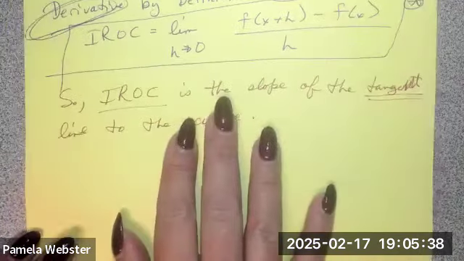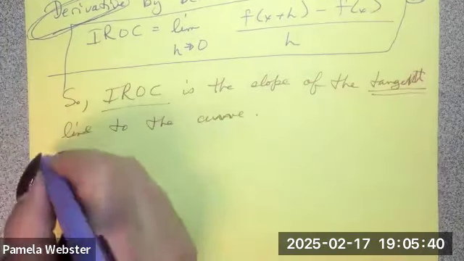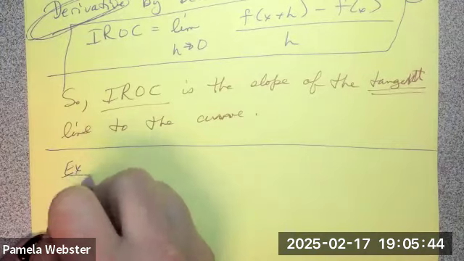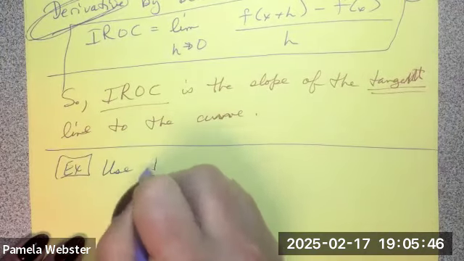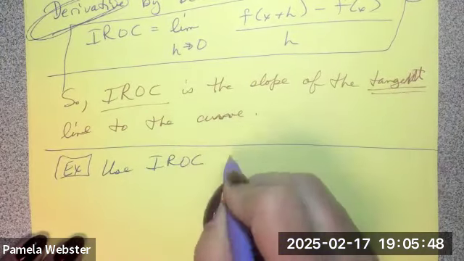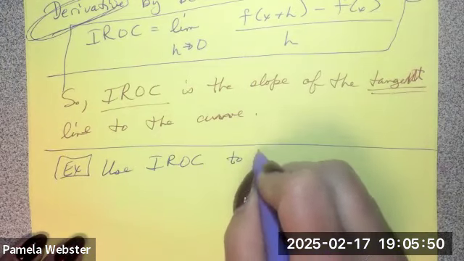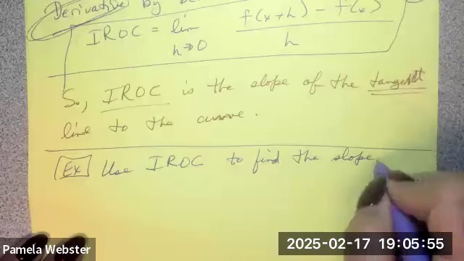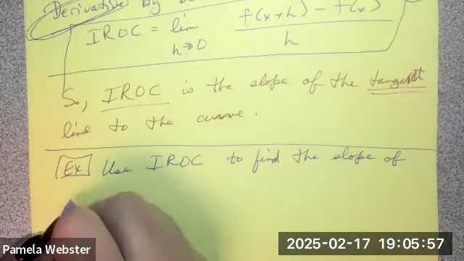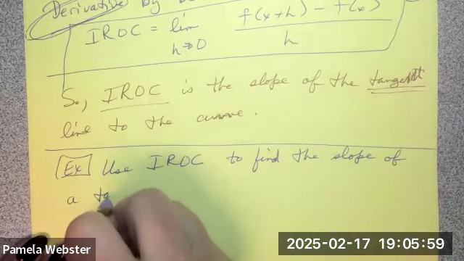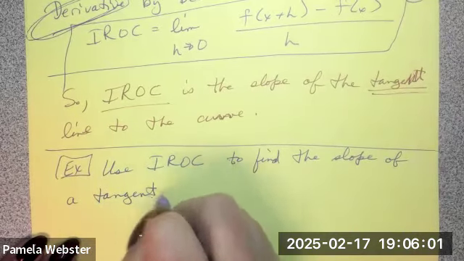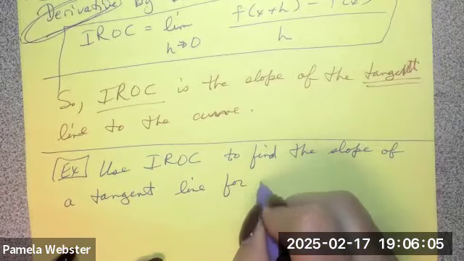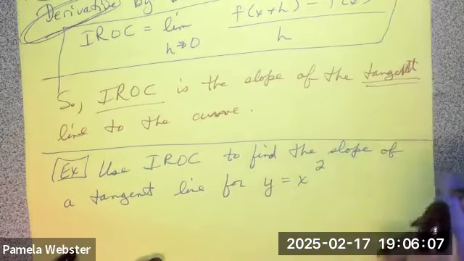You're going to see some different definitions or directions for this stuff. It's going to say stuff like, here's my example: use the instant rate of change, IROC, to find the slope of a tangent line for y equals x squared. We're sticking with this one.